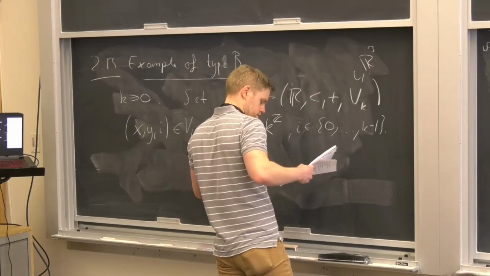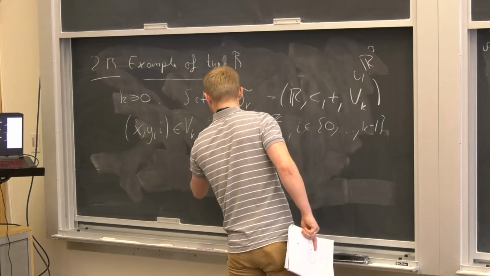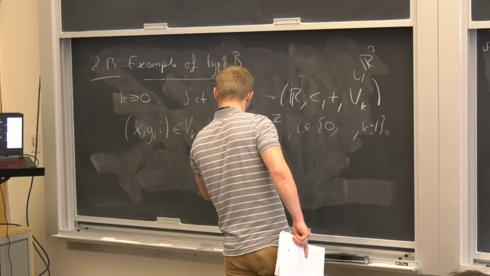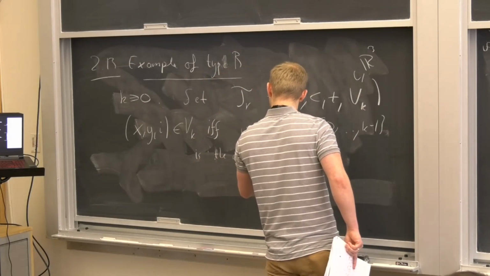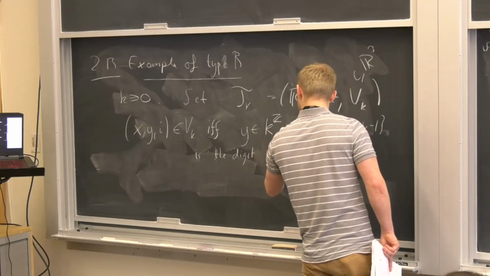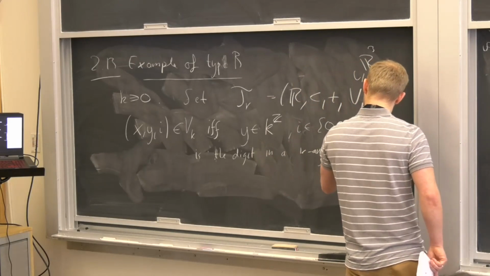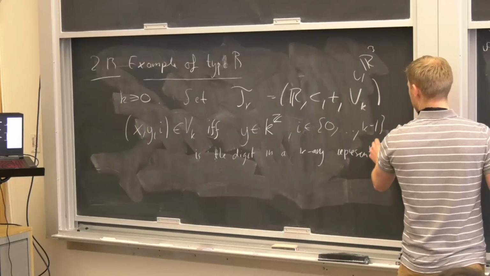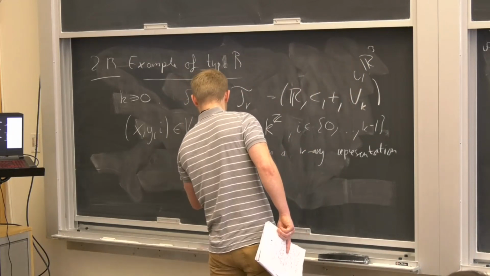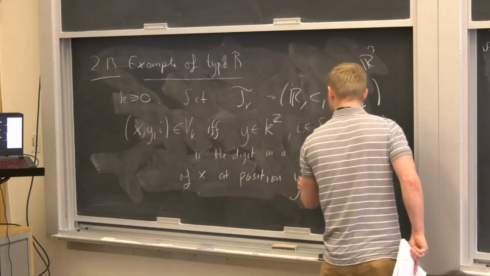So let me say this. How do I say this? i is the digit in a k-ary representation of x at the position corresponding to y.